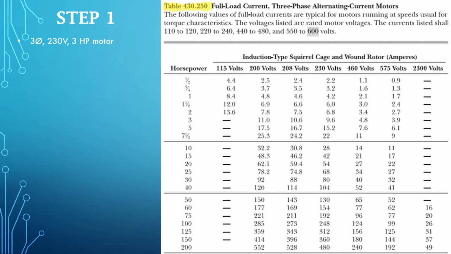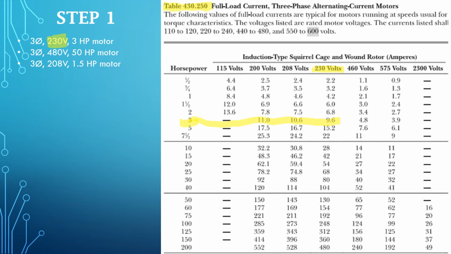The next thing I'm going to look at is the voltage of the motor. It's a 230 volt motor, so I'm going to scroll across here till I find 230 volts. 3 horsepower. I'm going to scroll down till I find 3 horsepower. And if I look where those two meet, I'm going to see that we have 9.6 amps.